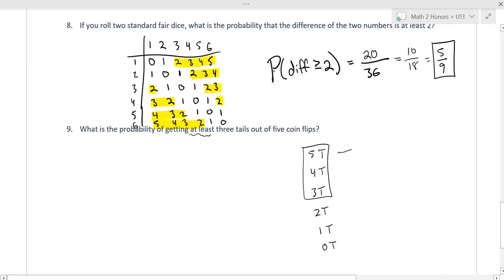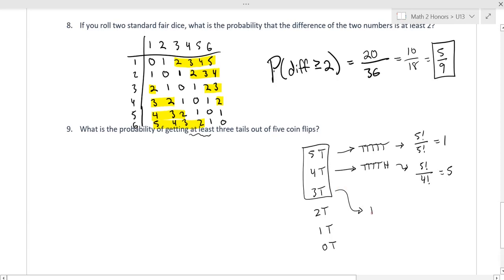So how many ways can you have 5 tails? Well, that's going to be 5 factorial over 5 factorial because you've got 5 letters and 5 repeats. Here we have 4 tails and 1 head. So that's 5 letters, but you have 4 tails. It's going to end up being 5.